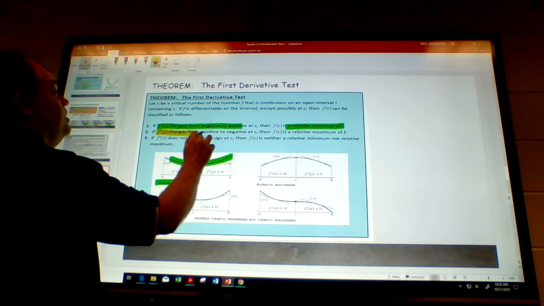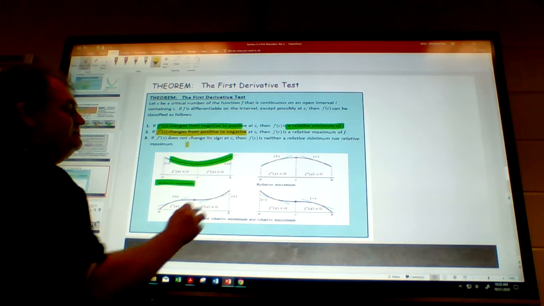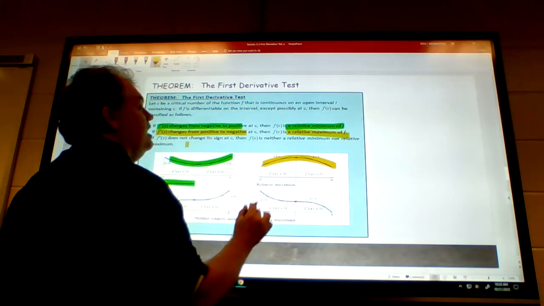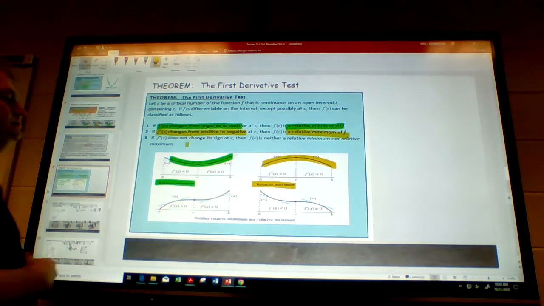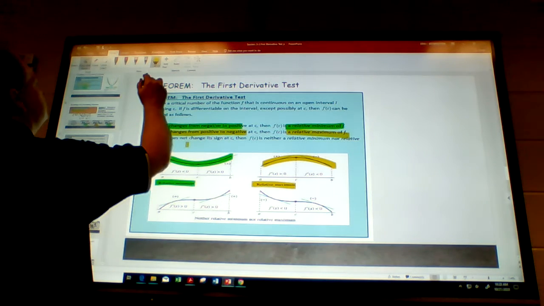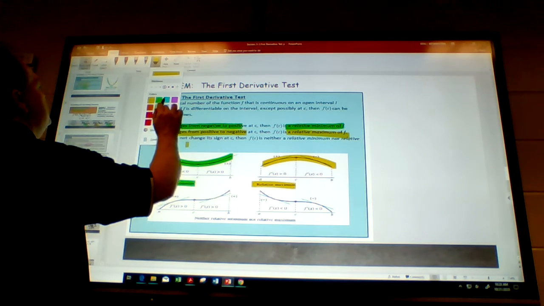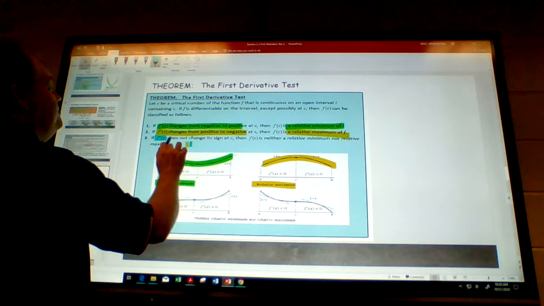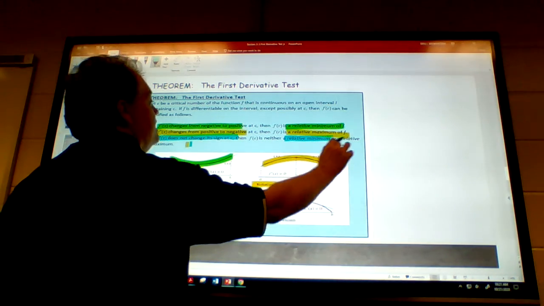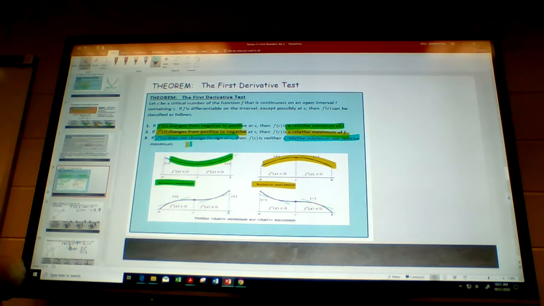If f prime changes from positive to negative, like you see here, then that's an example of a relative maximum. Now, third, if f prime does not change, then f is neither a relative minimum nor a relative maximum.